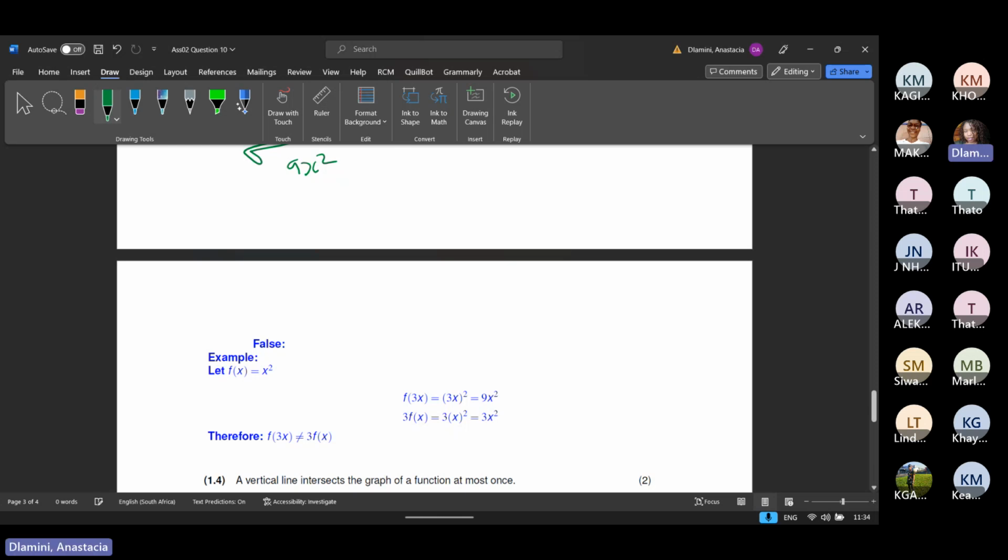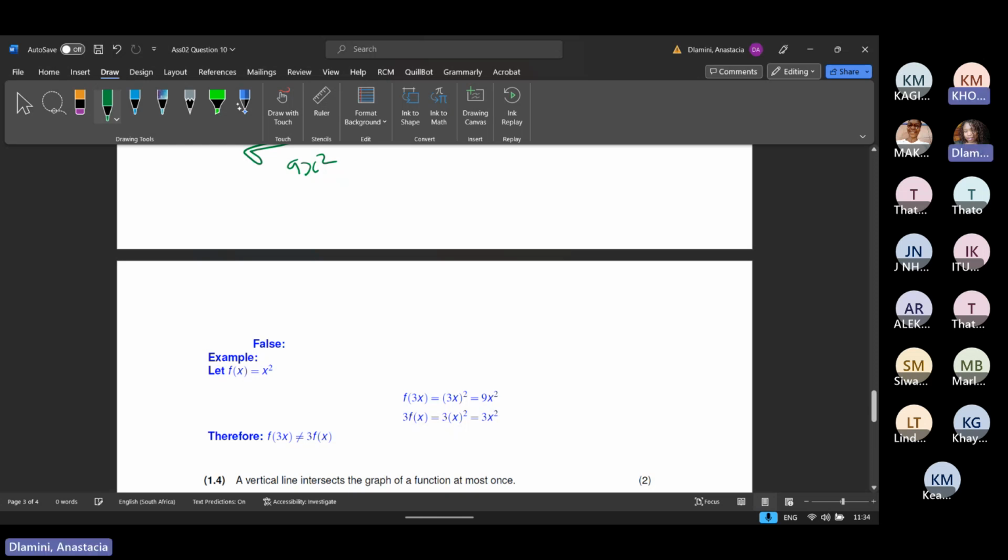True or false? A vertical line intersects the graph of a function at most once. True or false? Ma'am, this one depends on what you look at, but if it's a one-to-one function, I believe it's true.